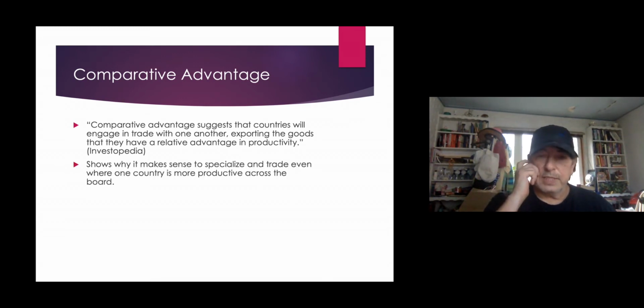So basically, comparative advantage shows that it makes sense to specialize in trade, but it also goes beyond just saying, well, one country is better in one product and one is better in the other product. It even makes sense to trade if one country is the most efficient at producing both products over another country.